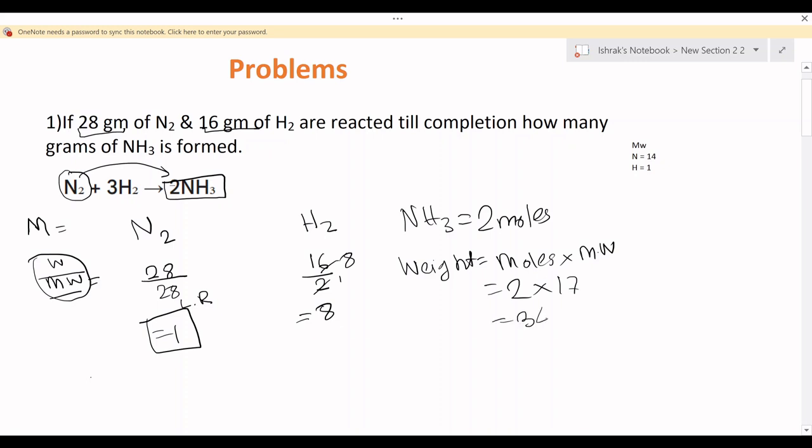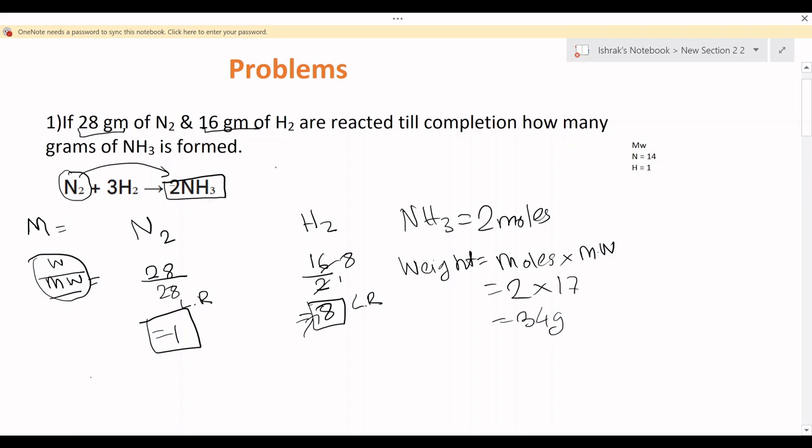Now, let's just imagine, for the sake of better understanding, that we chose this one to be the limiting reactant. What difference does it make? Because if you remember, the purpose of finding the limiting reactant is to know the amount of product that has been produced or formed. So let's say this is my limiting reactant. So 3 moles of this produces 2 moles of this, right? So the ratio is simply going to be 2 by 3.